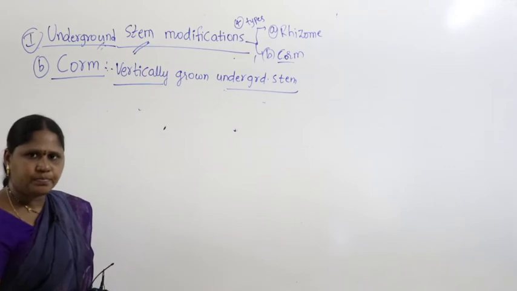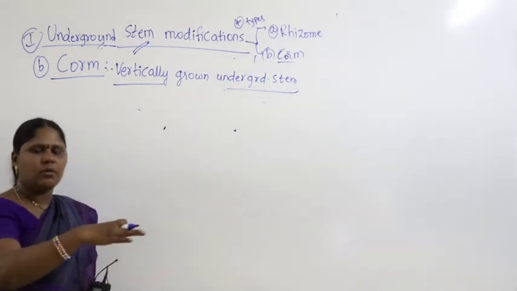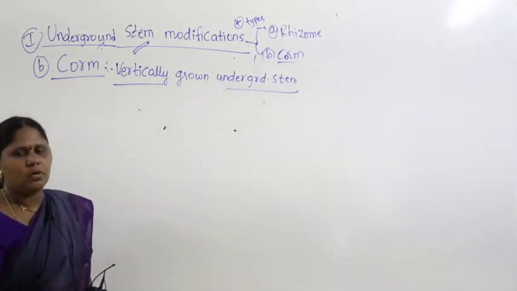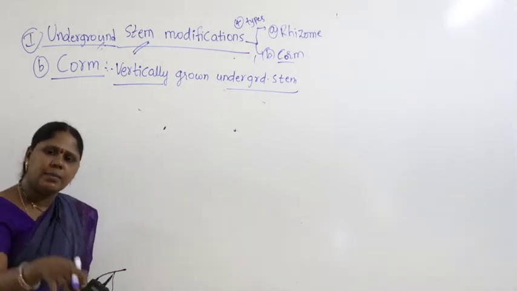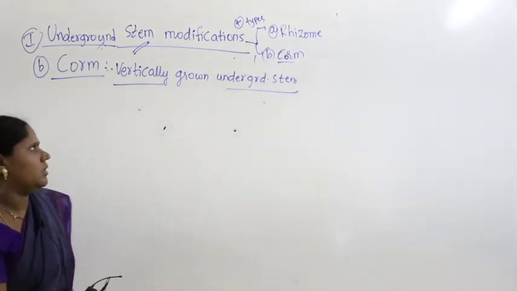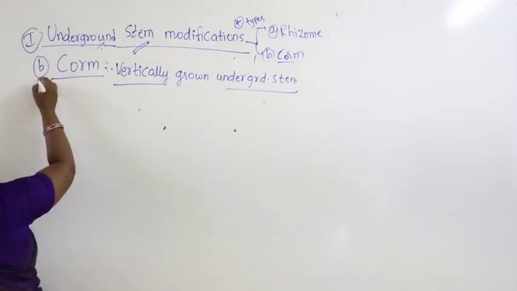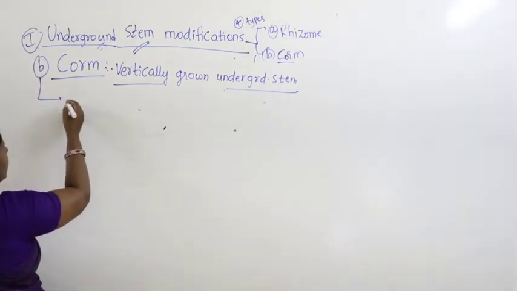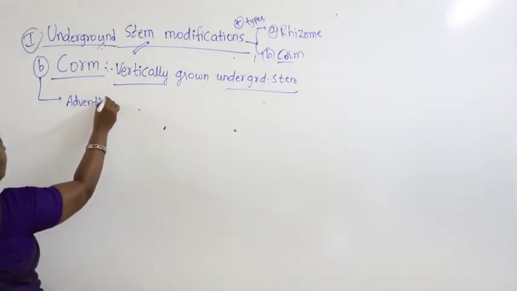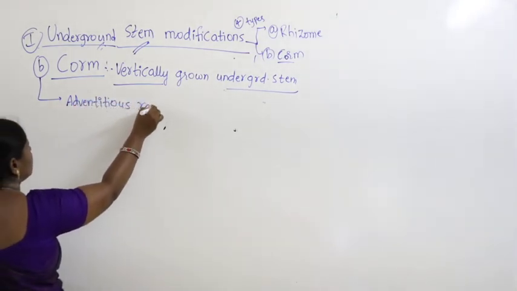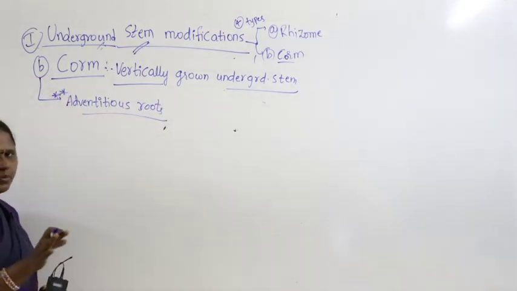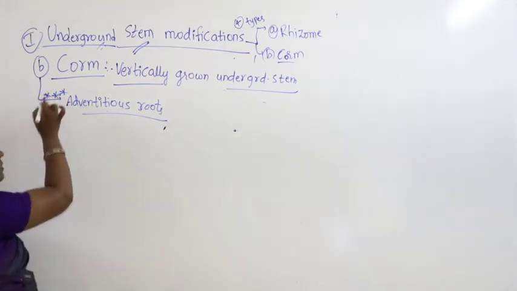What is rhizome? A horizontally grown underground stem. What is corm here? It grows vertically down, penetrating into deeper and deeper layers of the soil. It grows in a vertically downward direction, right? And this corm also contains adventitious roots. Remember, the point is very important, I am keeping 3 star marks here.